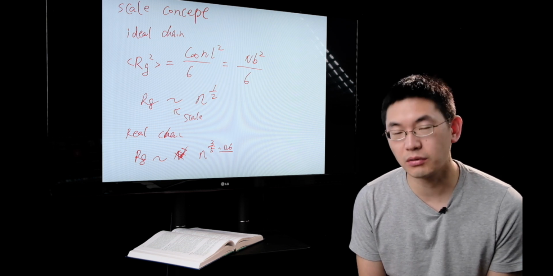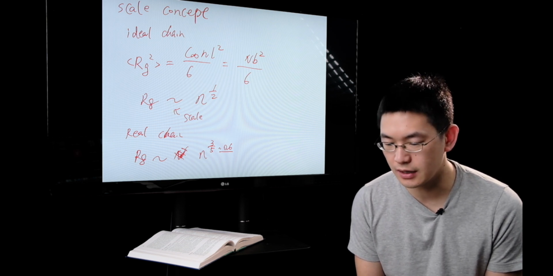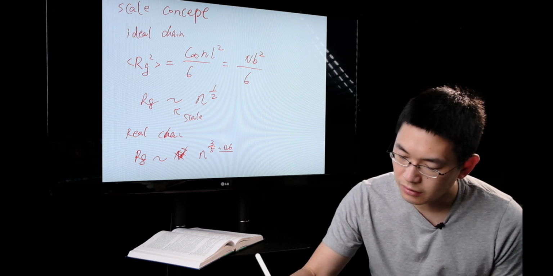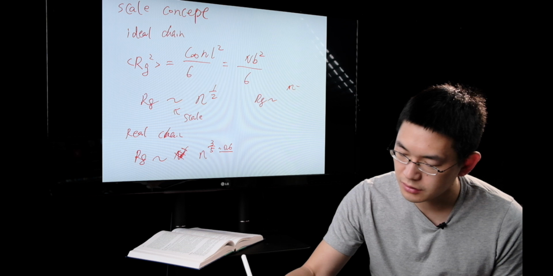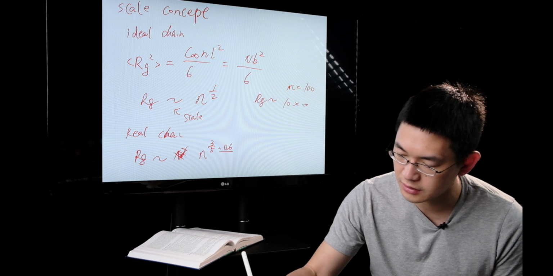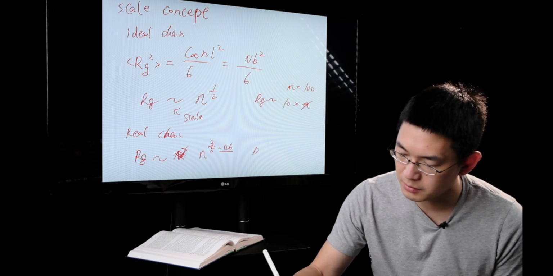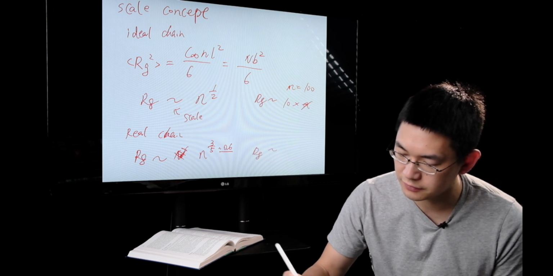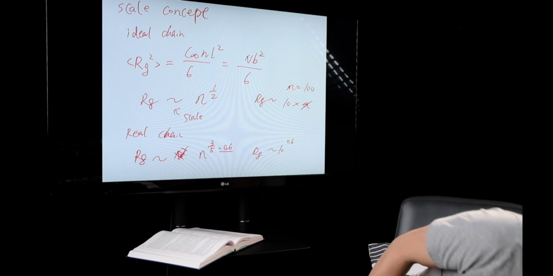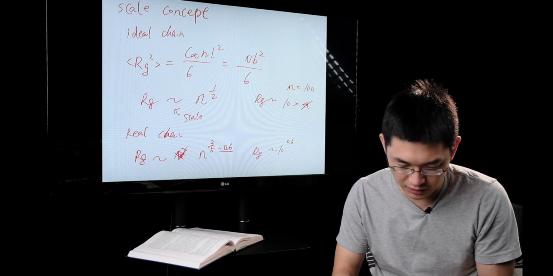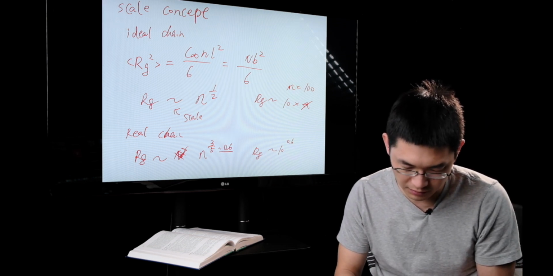So we can throw in some numbers for everybody to understand. Your Rg, if n equals 100, Rg will be proportional to 10 times a constant x, let's call it. In the bottom case, you would have 100 to the power of 0.6. I don't have a calculator with me, but I can use my cell phone, quickly do the calculation for everybody.